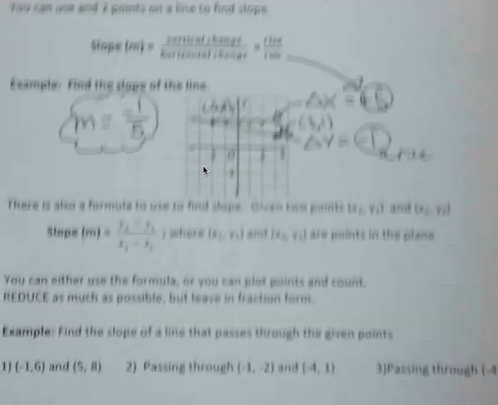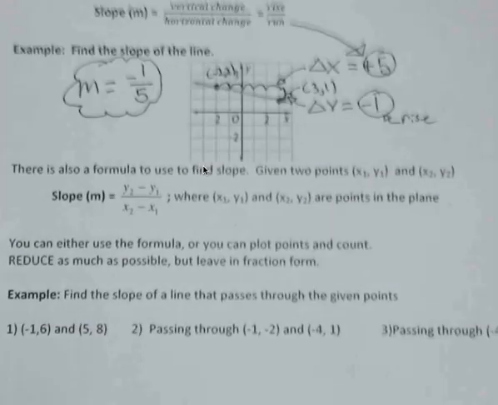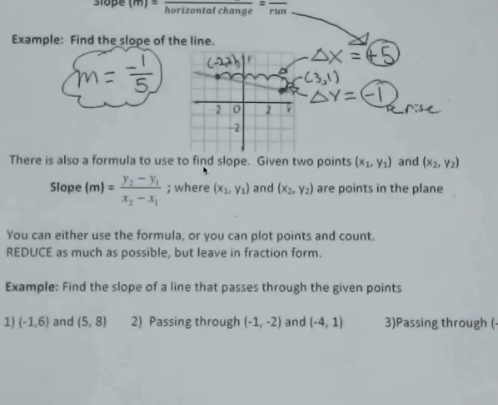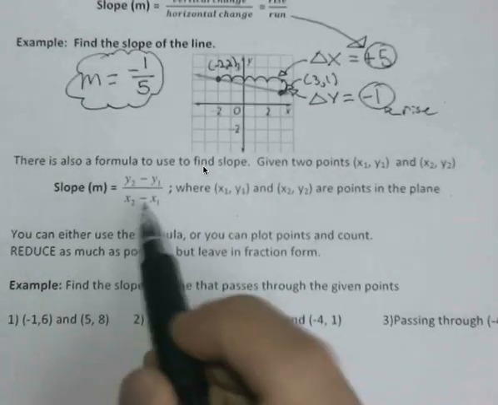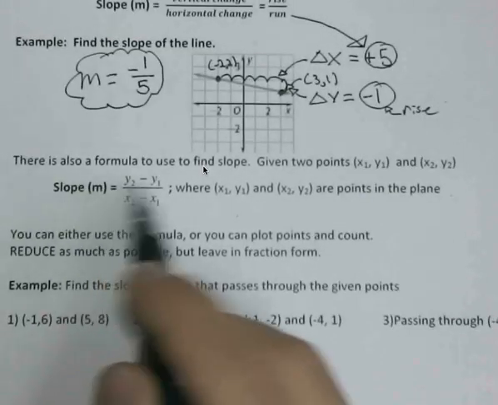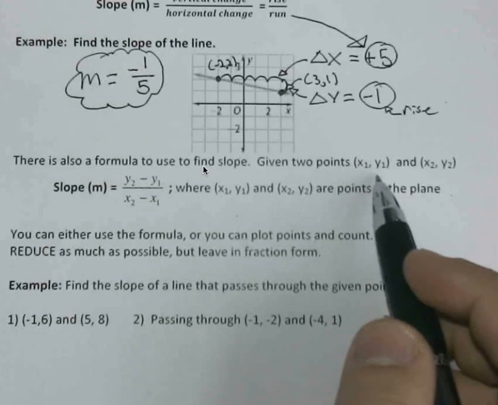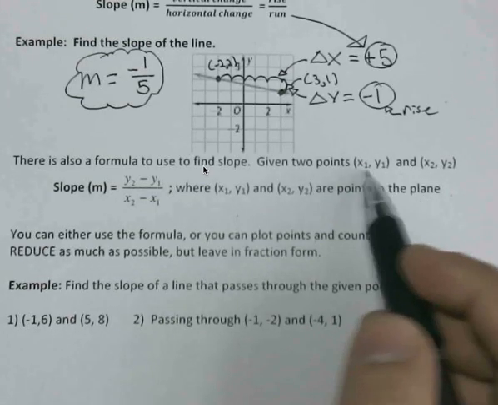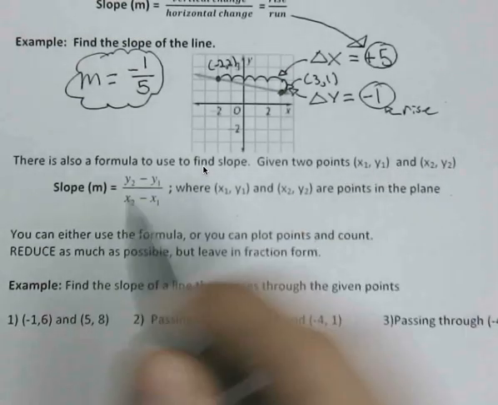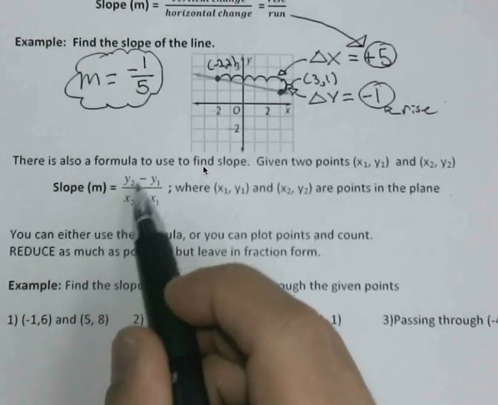So although we have the visual opportunity to change these points and see what the slope's going to be like, we also have a formula that's handed to us here, which is really crucial. So this is saying that given 2 points as ordered pairs, x1, y1, and x2, y2, we denote the slope as y2 minus y1.